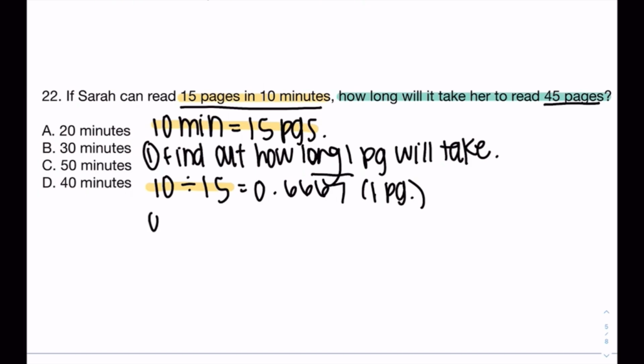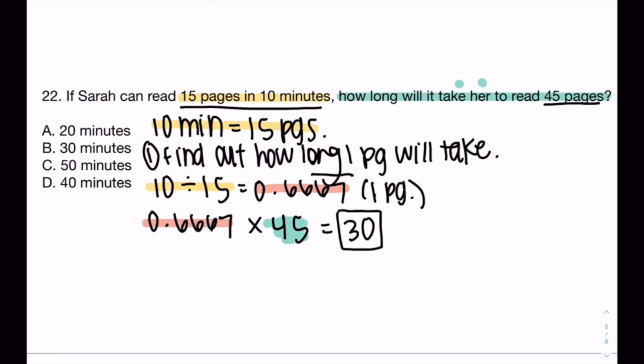Since one page took 0.6667, let's find out how long it's going to take for 45 pages. And of course that 45 came from up here, and that 0.667 came from right here. That times 45, 30. So it took her 30 minutes to read 45 pages.